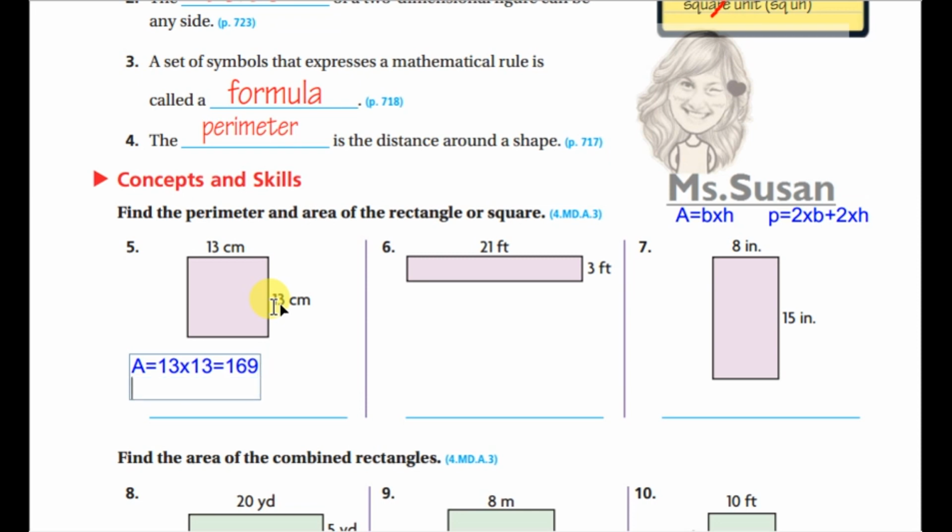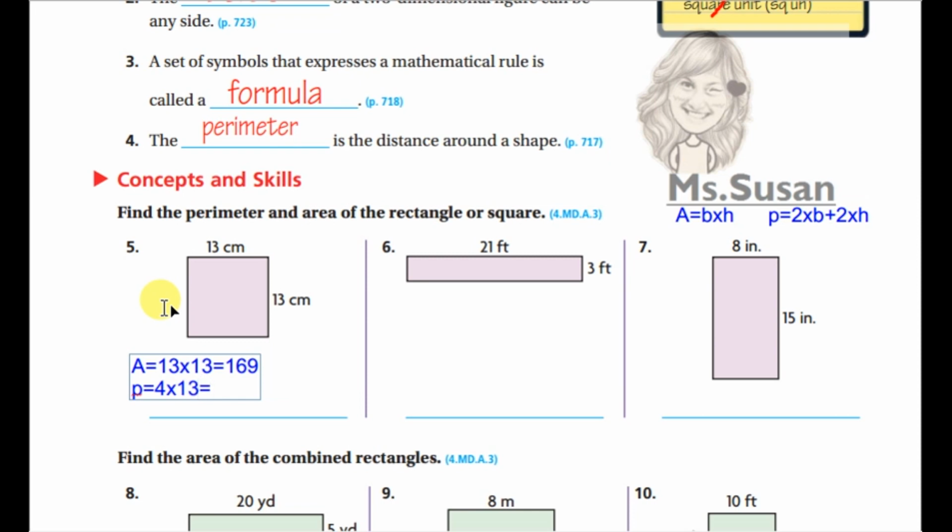Okay, apply the formula of perimeter. P is equal 13 plus 13 plus 13 plus 13. So we have here 4 equal sides. So instead of adding 13 4 times, we multiply 4 times 13.